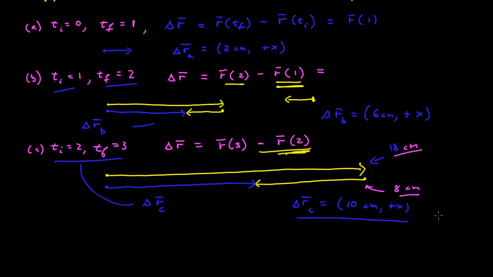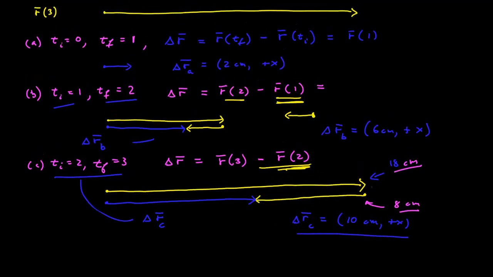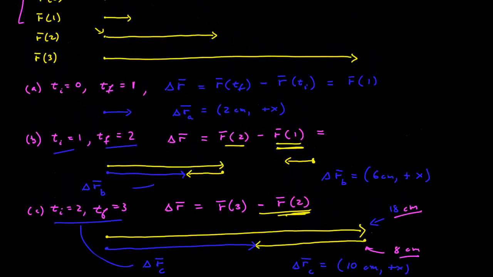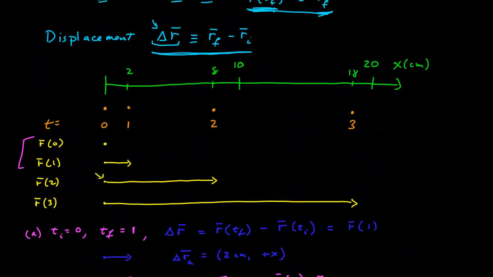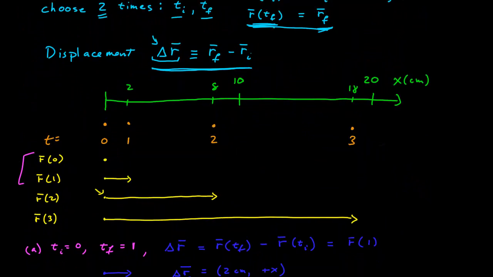I've sort of gone through it in all the detail here. But what I want to point out now is let's go back to the motion diagram and see where these vectors show up on the motion diagram. So the first displacement vector is 2 centimeters long, and that fits exactly between the first and second point on the motion diagram.